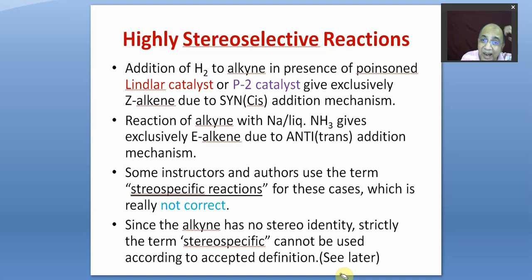We can call it highly stereoselective, because the percentage of the other one might be less than 1%. We do not count that, but we cannot say that it is 0. It is there, and it doesn't satisfy the definition of a stereospecific reaction. Done it?